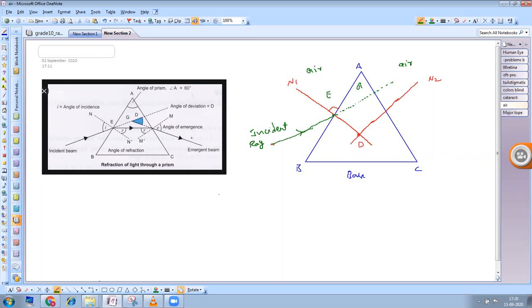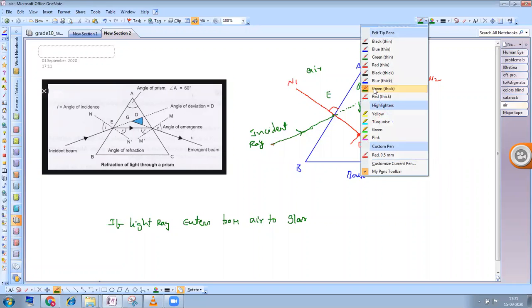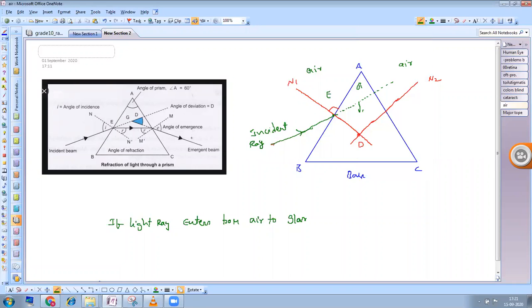If a light ray enters from air to glass, on which side will it bend? It bends towards the normal, sir. Towards the normal. See, the red color line shows the normal. So instead of going like this, it will bend towards the normal. So it will bend like this.